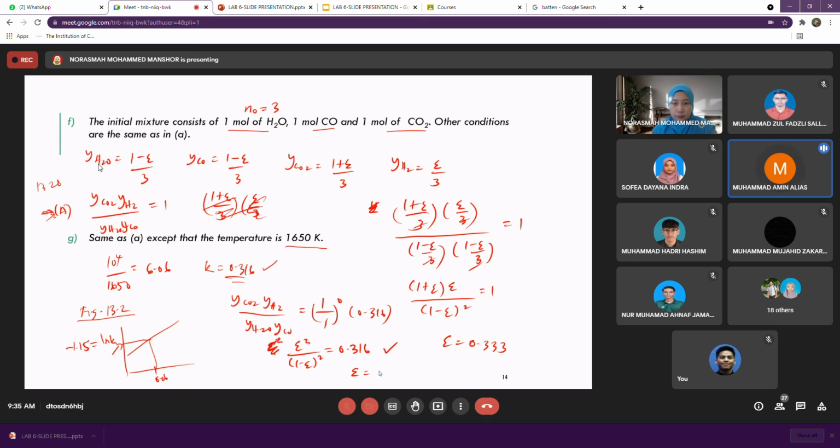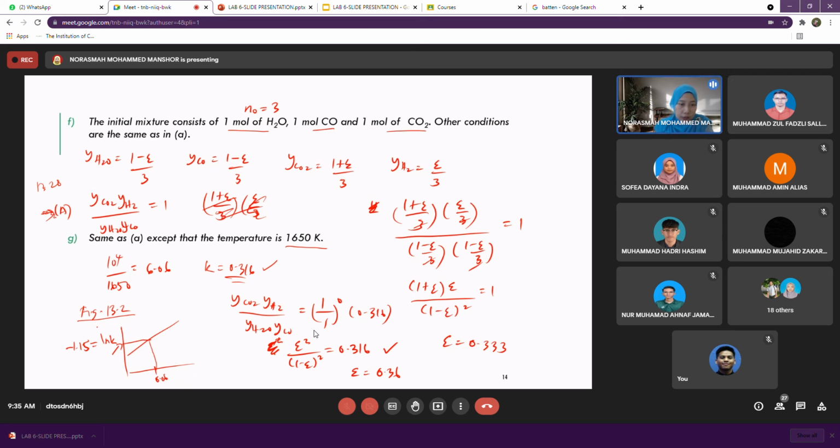Sampai 36 madam. 0.36. Okay. Yang lain dapat ke? Madam ulang balik yang figure 13.2 tu.